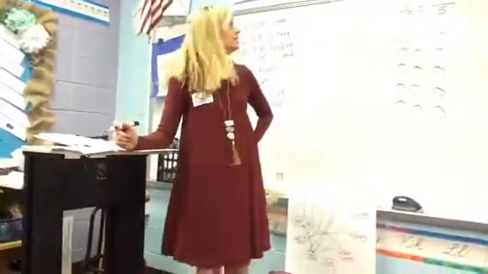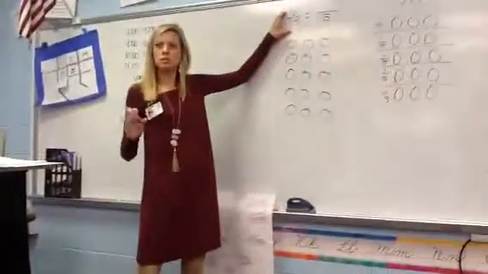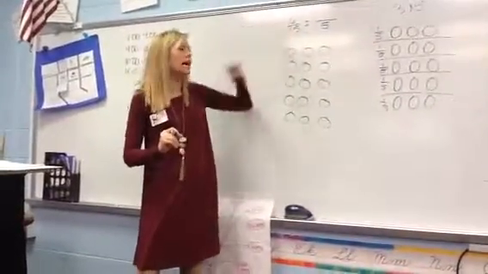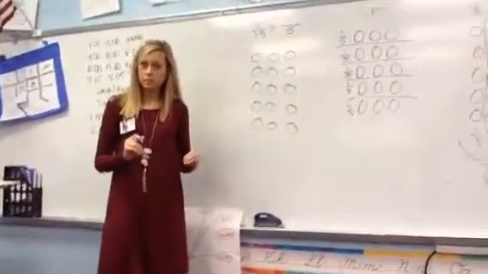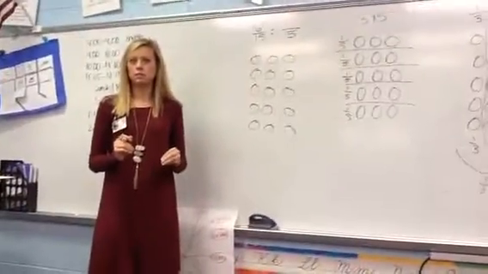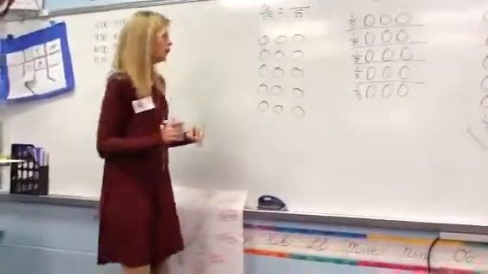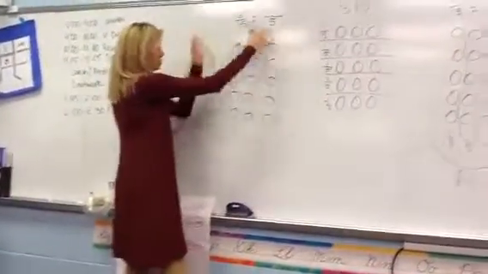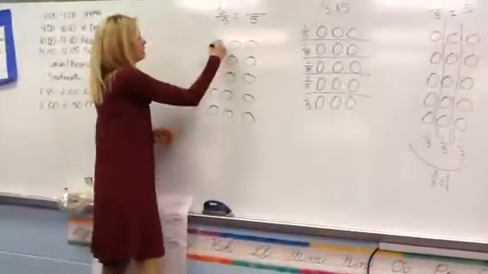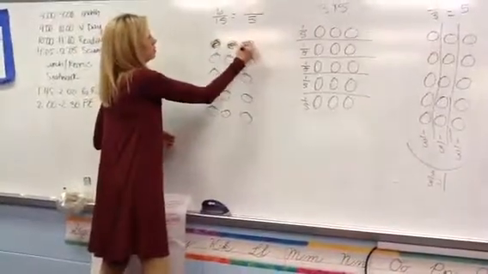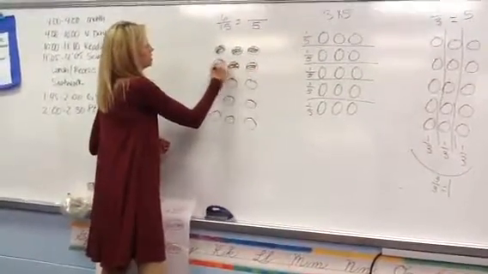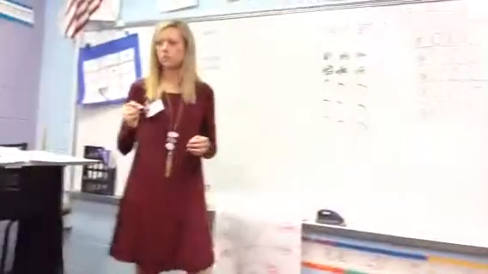Back up here. 6/15. Don't say it. Equals how many fifths? 2. So if I look at 6/15, there's 15 total, right? So if I get 1, 2, 3, 4, 5, 6. There's 6/15.